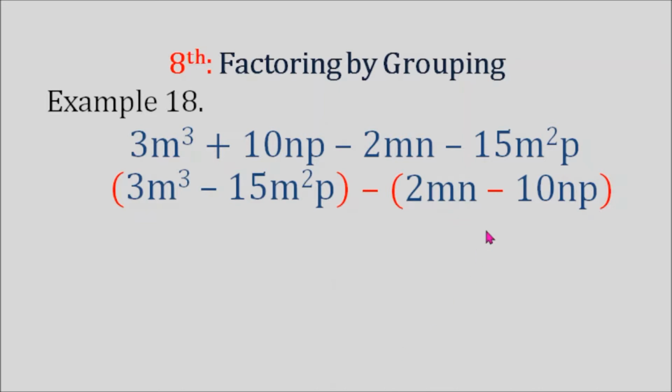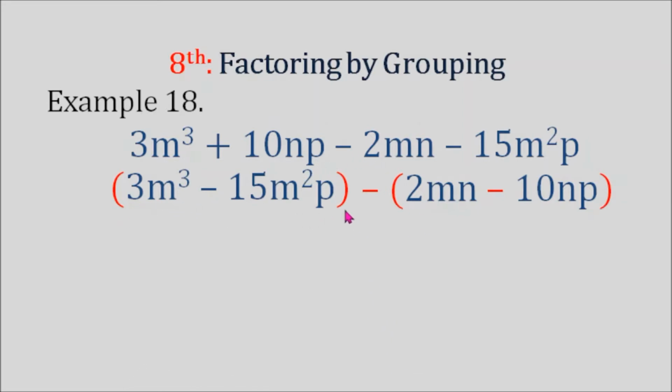Notice here again that the sign of positive 10np becomes negative 10np. That's because of this negative sign outside the parentheses. Because if we distribute this negative sign to the two terms, it's going to be negative 2mn, and negative times negative 10np is positive 10np.